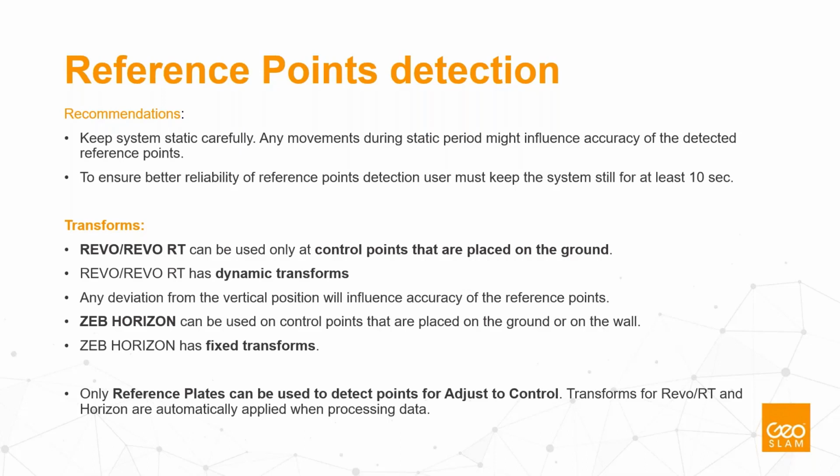Whereas with ZEB Horizon, it's a little different because it has a different design. We can use that system on the ground as standard, but also on the wall and on tilted surfaces, because we have fixed transforms and we always know where the base is and how it is inclined, so we can calculate from that how to apply those transforms.